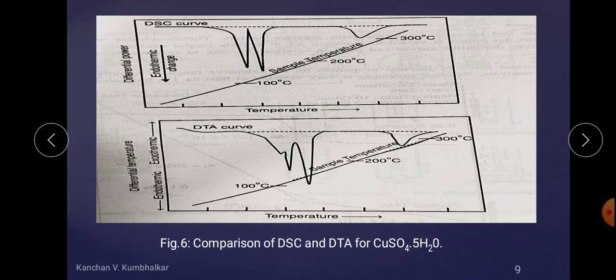But for the DTA curve, the difference in temperature with respect to temperature is plotted. The curves show similar results, but DSC is much more accurate, much clearer, and more authenticated as compared to the DTA curve. On the basis of this figure, it is clear that as compared to DTA, DSC is more advanced and shows more accurate results. So this is all about the comparison of DSC and DTA.